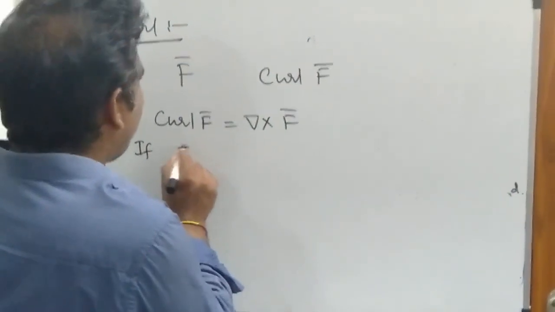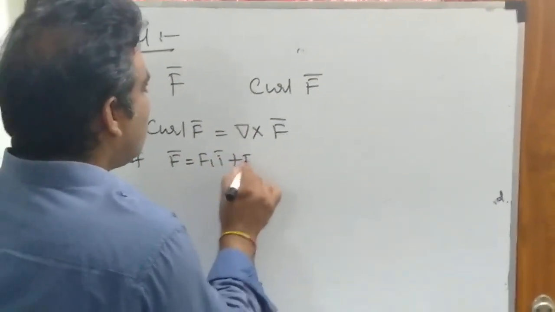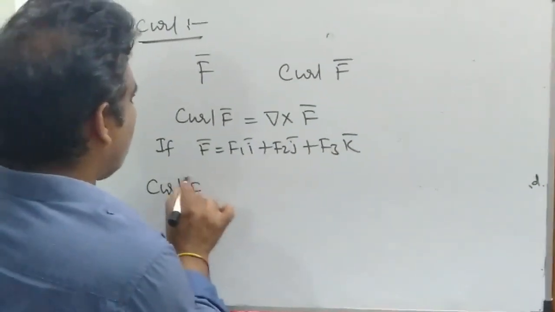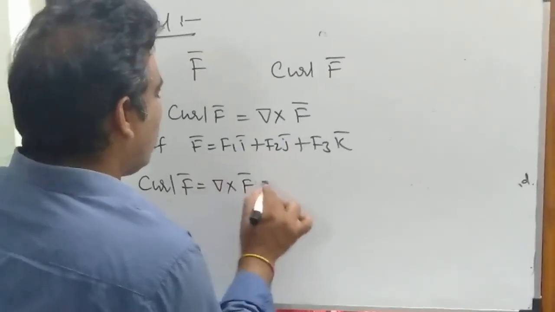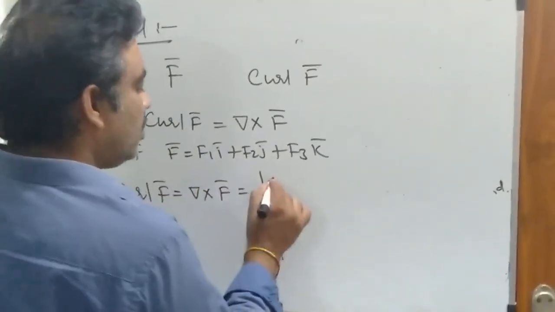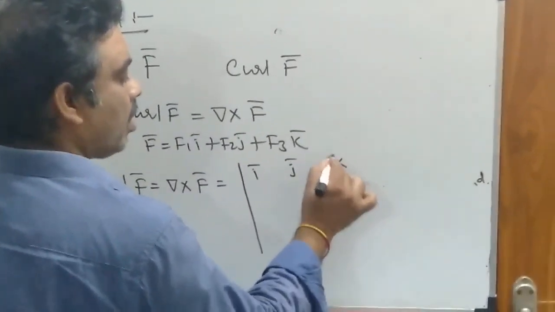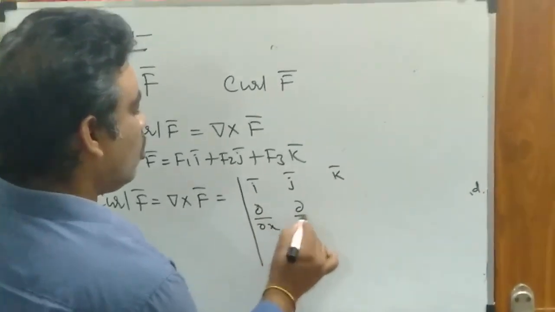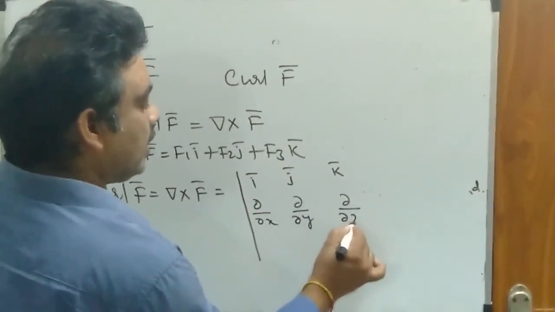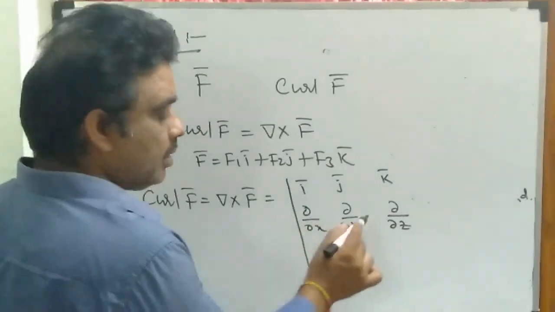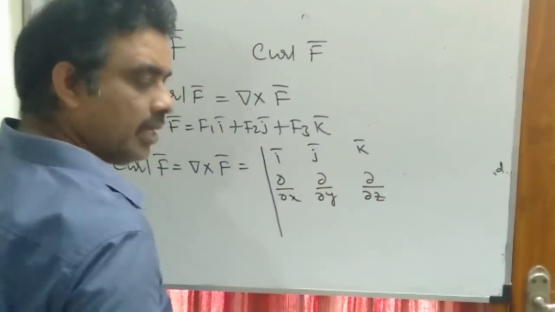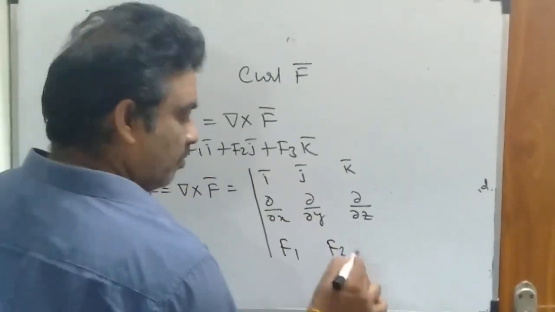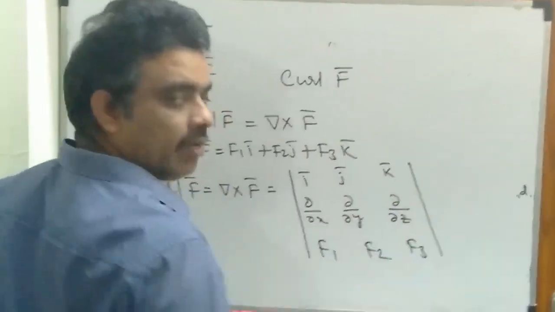Suppose if f bar is equal to f1 i bar plus f2 j bar plus f3 k bar, then curl f bar is equal to del cross f bar is equal to determinant of the first row i bar, j bar, k bar, second row dou by dou x, dou by dou y, dou by dou z, del i bar coefficient, j bar coefficient, k bar coefficient, and last row f bar, i bar coefficient f1, j bar coefficient f2, k bar coefficient f3.